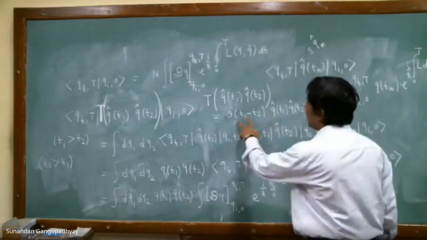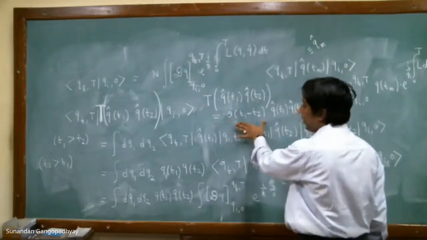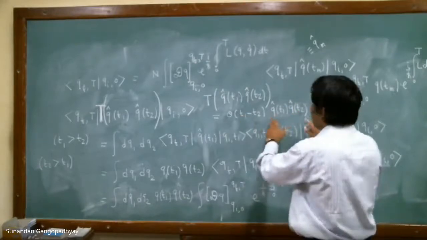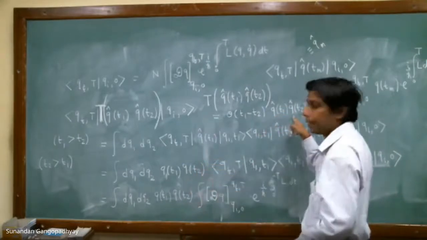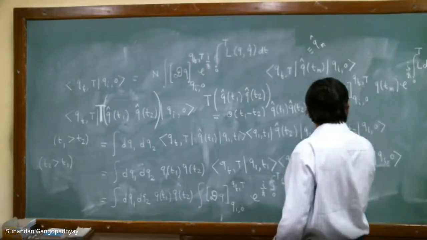So when T_1 is greater than T_2, theta is the theta function, so this will be 1. T_1 greater than T_2, this is 1. T_1 less than T_2, this is 0. So when T_1 is greater than T_2, you have Q at T_1 placed on the left of Q at T_2, plus theta(T_2 minus T_1).